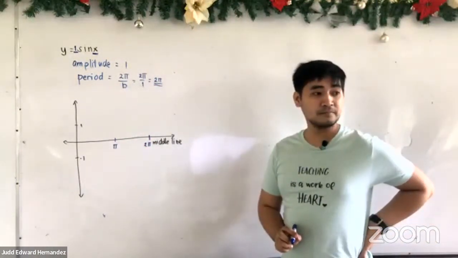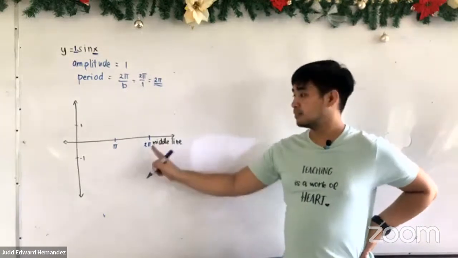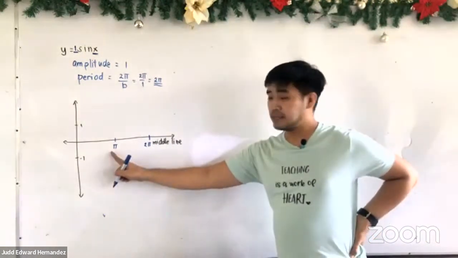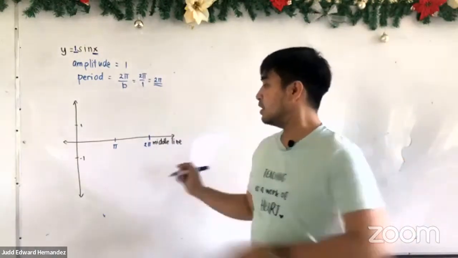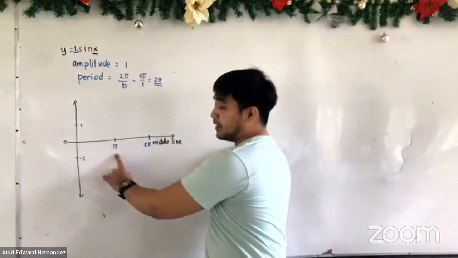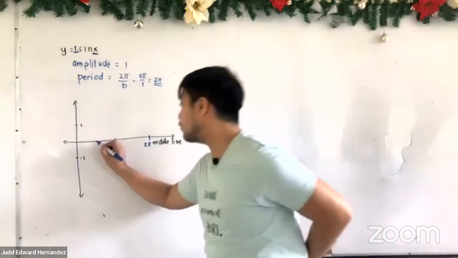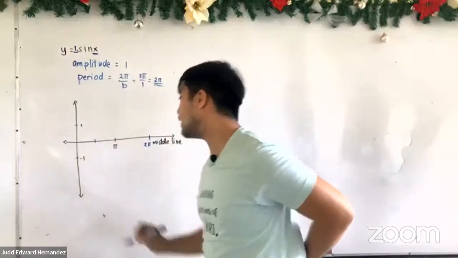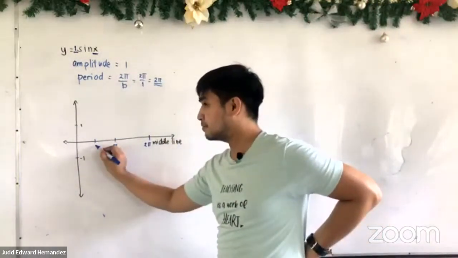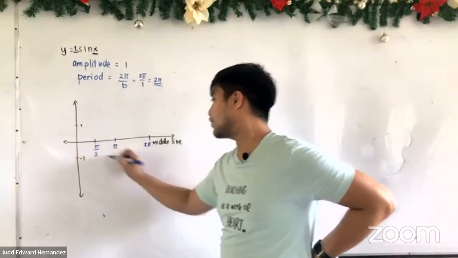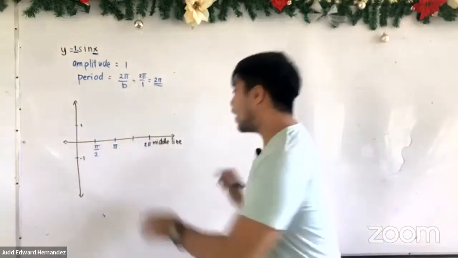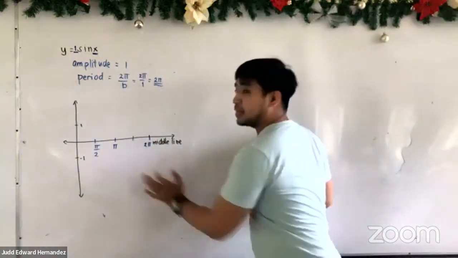Tama po? Ito naman, from 0 to pi, hahatiin ko naman siya. Therefore, ano yung nasa gitna ni 0 to pi? That is pi over 2.